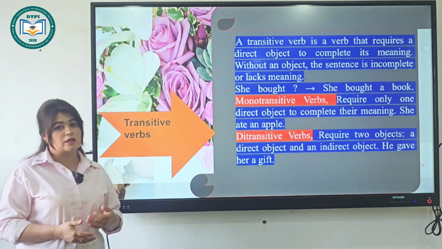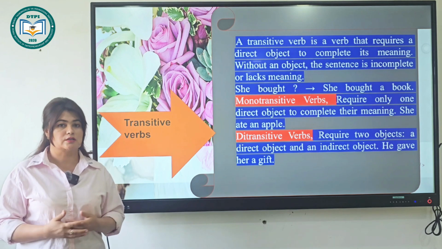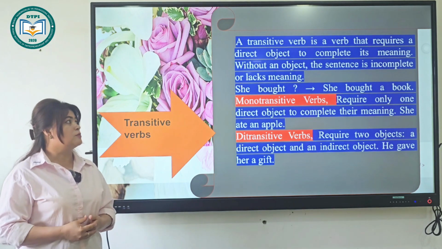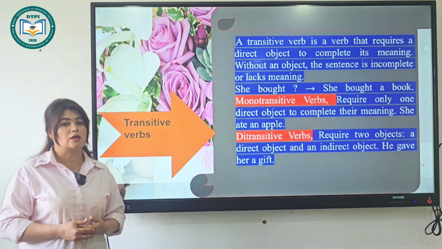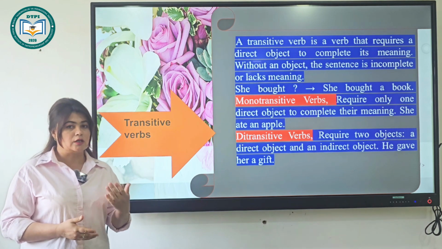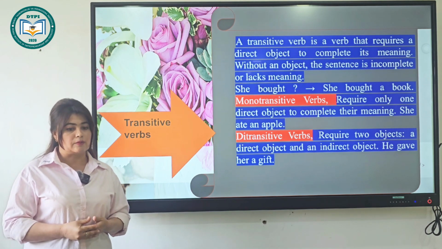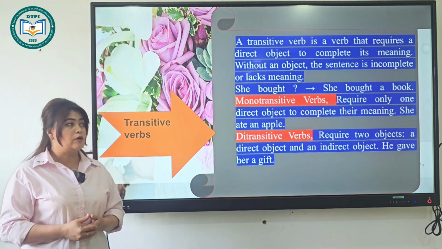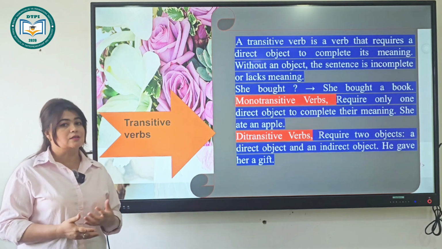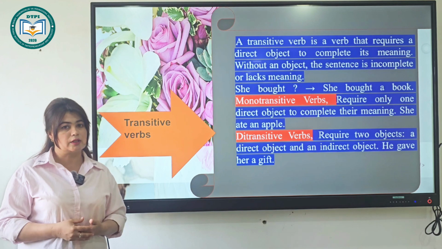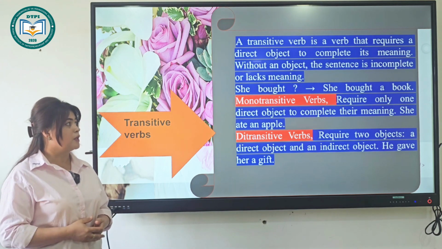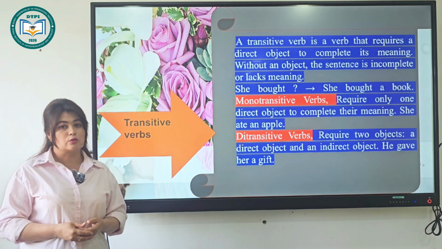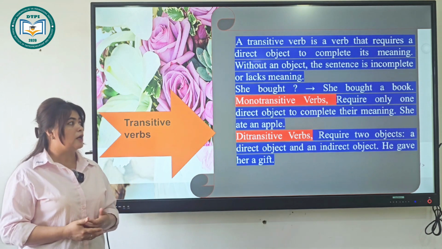So the next type of verbs are called transitive verbs. A transitive verb is a verb that requires a direct object after it in order to complete its meaning. So without the direct object, the sentence is considered incomplete and lacks meaning. For example, she bought what? She bought a book.